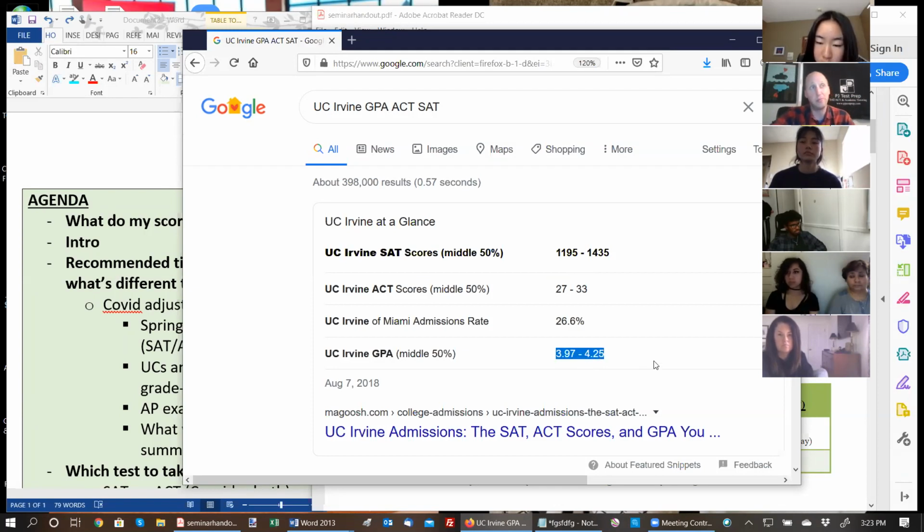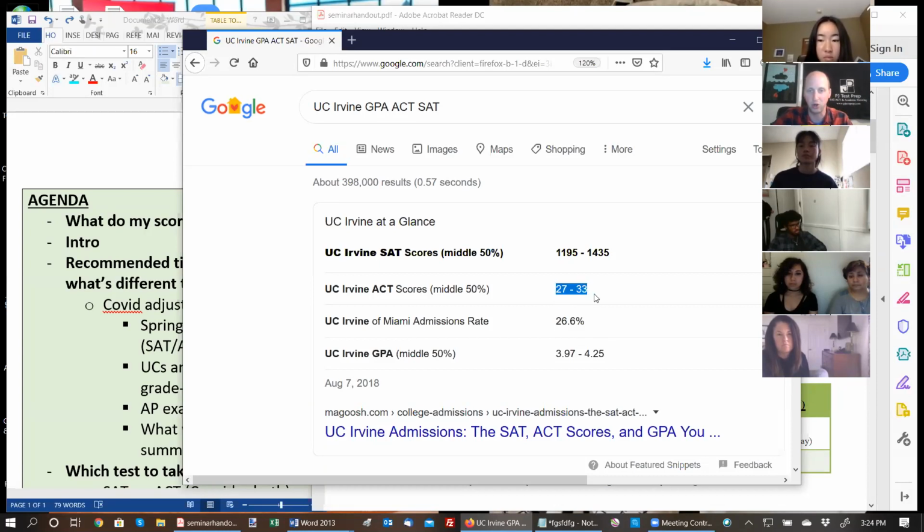If you were to apply with only a 3.8 and not an SAT or ACT score this year, and your activities are just kind of, you're not the president of a gigantic philanthropic organization, or you didn't write the greatest essay they've ever seen, you probably wouldn't get in this year. So maybe that would be an opportunity to try to push that up a little bit with a high SAT or ACT score. I mean, UC Irvine's not even in the top 3 UCs, and it's super competitive.